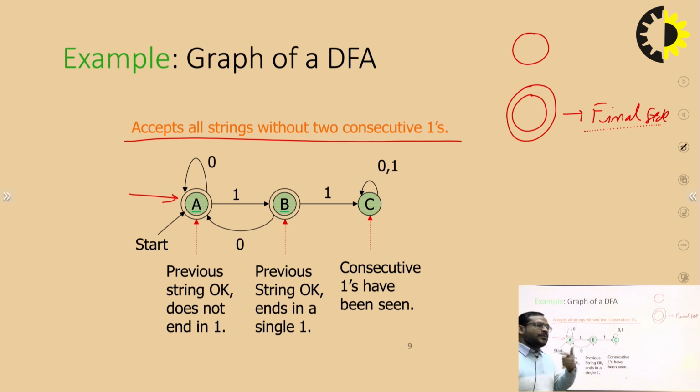A state can be initial as well as final. And one more thing: the initial state is only one in your graph, but final states may be more than one. In this example you can see there are 2 final states. So in a graph there may be more than one final state, but the initial state is only 1. Got my point?